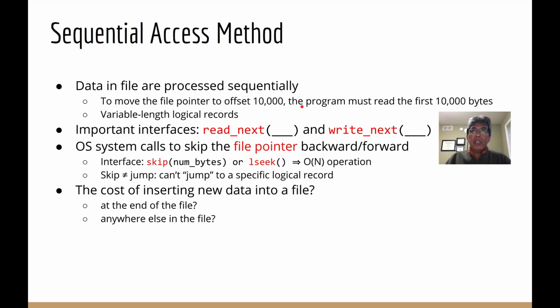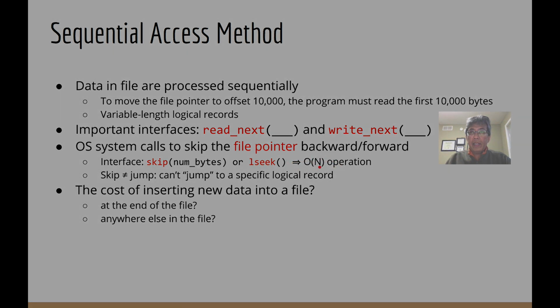Typical operations for sequential access methods are read next and write next, which are operations to read or write data at the current file pointer position. The other operation is to move the file pointer to a desired position without reading or writing any data. This function is usually called skip. But skip operates at the cost of O(n).